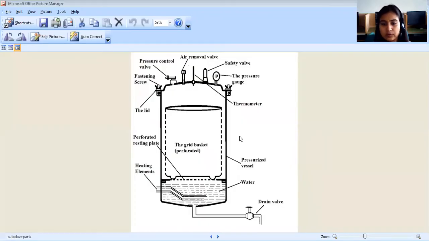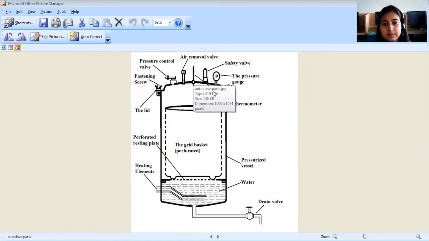these parts, I will share the screen. This is a part of the autoclave.